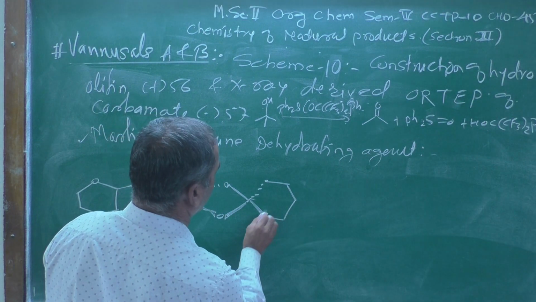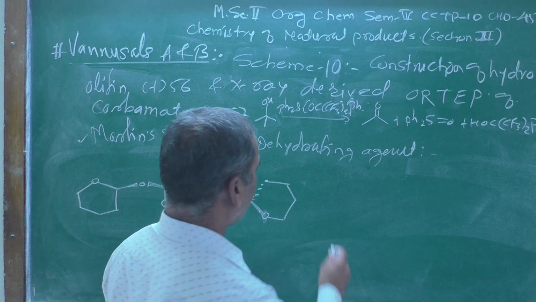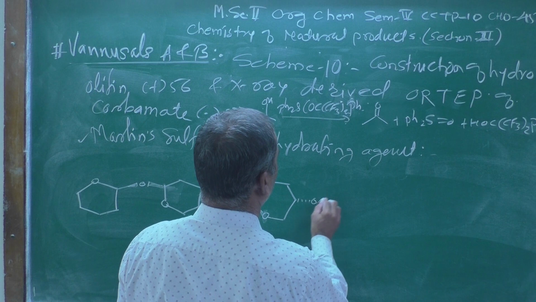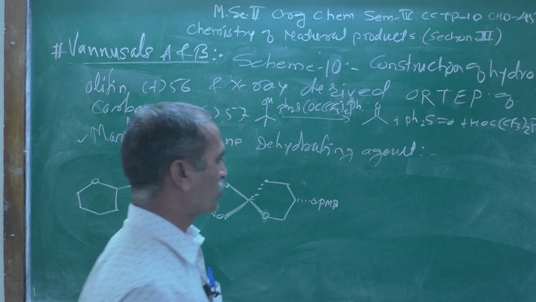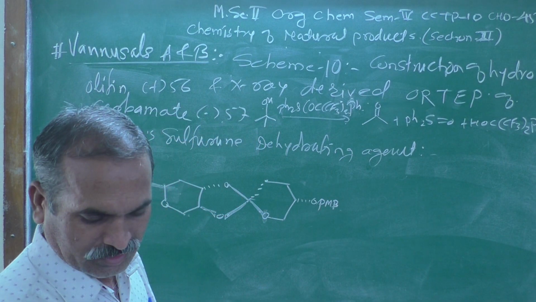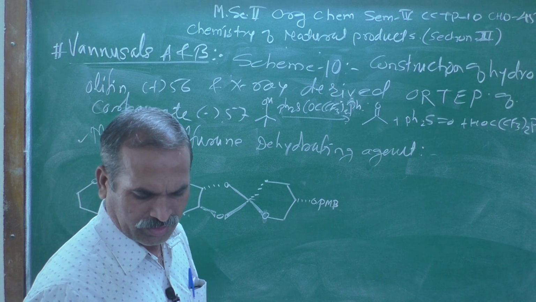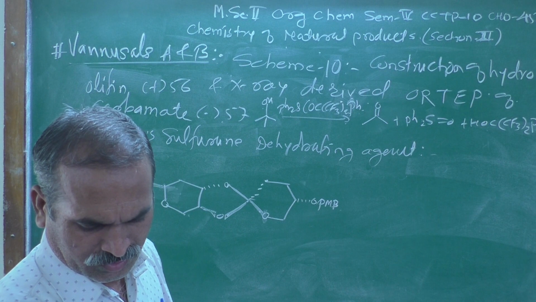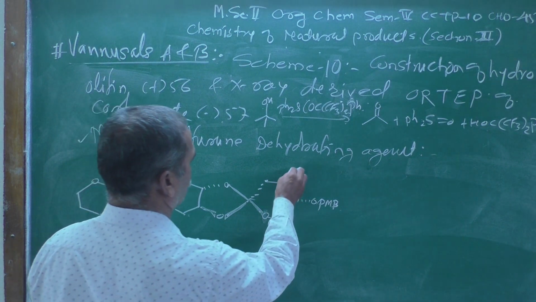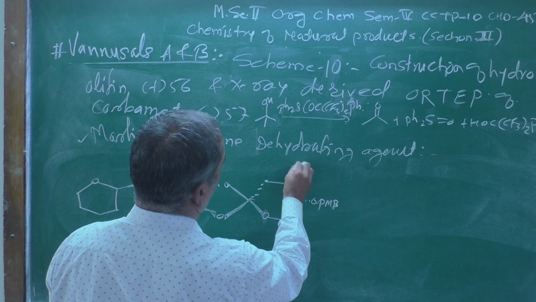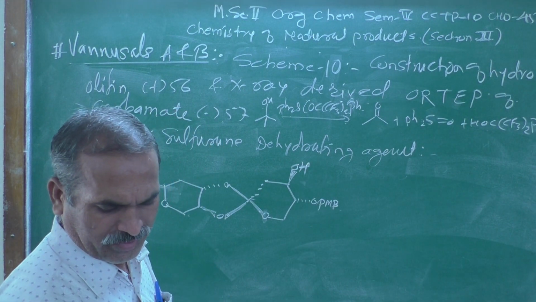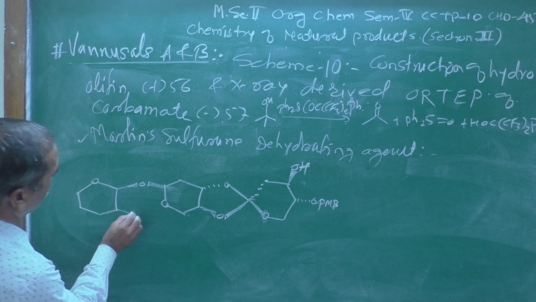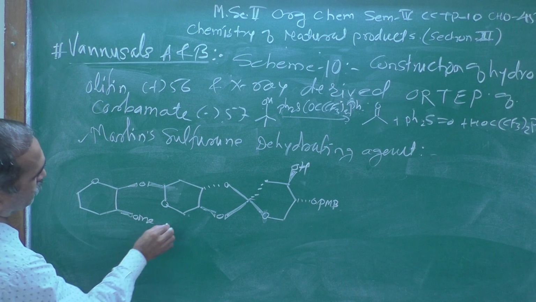There is an oxygen atom, not this oxygen atom. Then there will be an OPMB, that is paramethoxy benzyl, and here one hydroxy group, OH over here. On the rest of here there is a methoxy group, OMe.